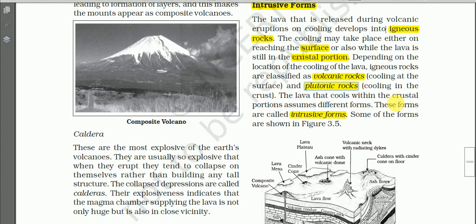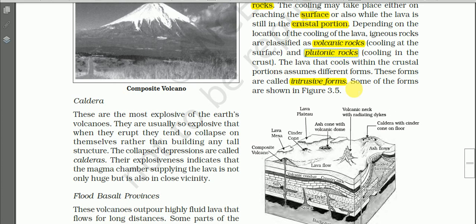And if the lava cools on the surface and igneous rocks are formed, we call it volcanic rocks. If it is formed on the earth surface, we call it volcanic. If it is formed in the earth interior, we call it plutonic rocks.